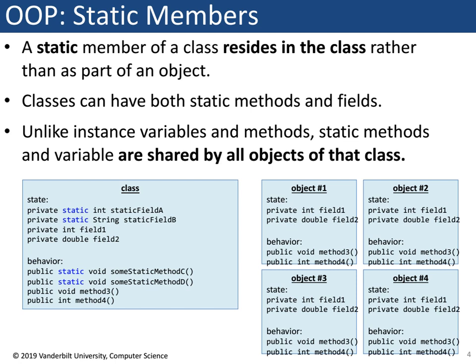Inside this memory, we have only the instance variables and instance methods, because all of the static variables, the static fields, and the static methods reside only in the class. They do not reside in the object instances.